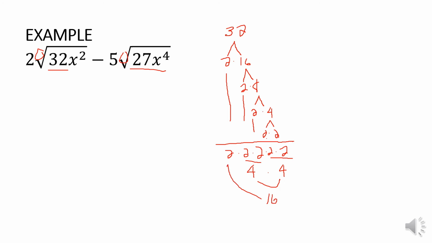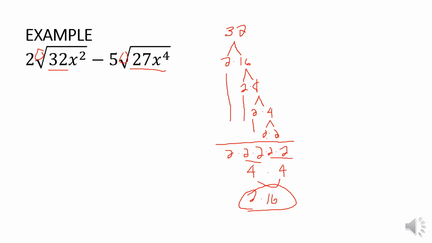And then we copy 2. Okay, so therefore, the factors of 32 in which one of the factors is a perfect square number is 2 times 16.